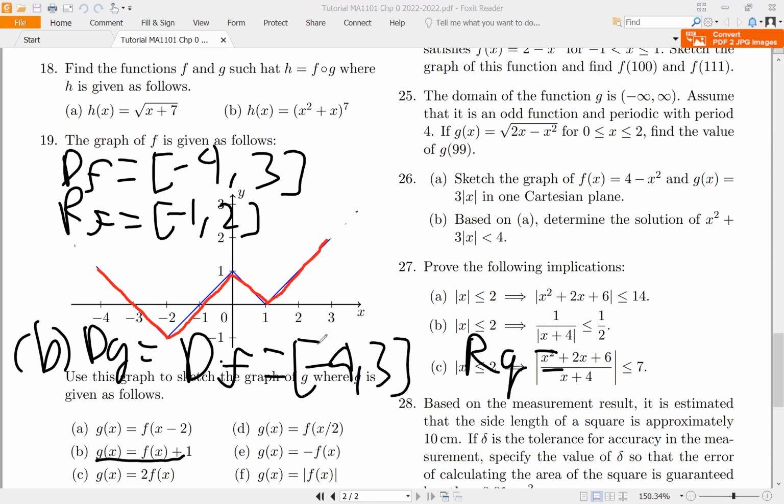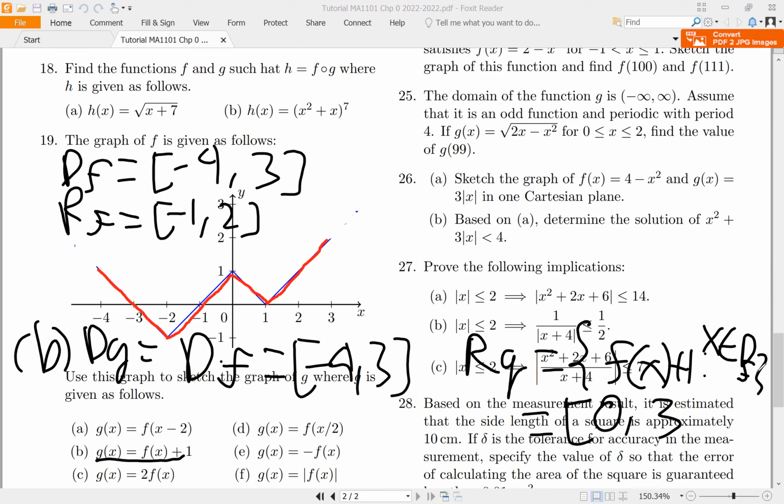On the other hand, g of x is f of x plus 1, so you have to find any possible value of f of x plus 1 where x is in the domain of g, or in the domain of f. This is the same. Since the range of f is [-1, 2], it is shifted by 1 unit, so the range of g will be [0, 3].